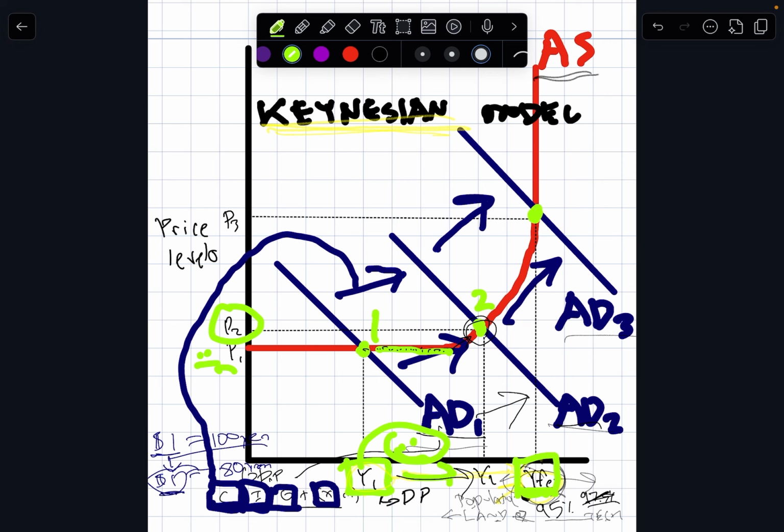We'll call this point 3. At point 3, the prices have now gone up a whole lot, right? In other words, we have inflation.